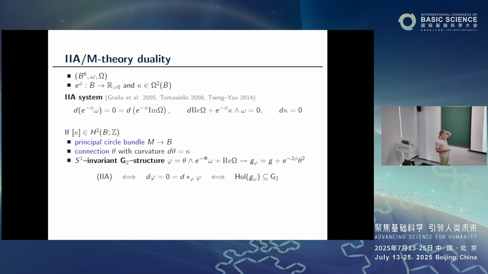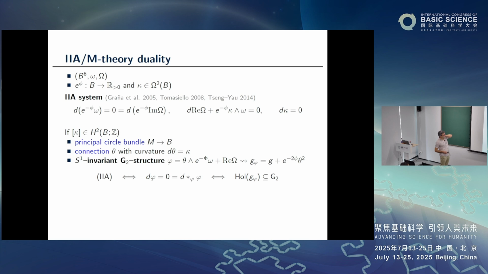So how do we get a G2 holonomy metric in 7 dimensions? The observation is that if the cohomology class of this closed 2-form is integral, then automatically there is a 7-manifold, which is simply a principal circle bundle over this 6-manifold B, and there's a connection 1-form on this principal circle bundle with curvature precisely kappa. Then we have all the data to write down a circle-invariant G2 structure, a non-degenerate 3-form on the total space of this principal circle bundle.